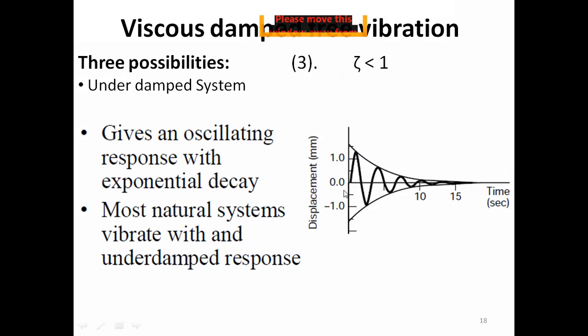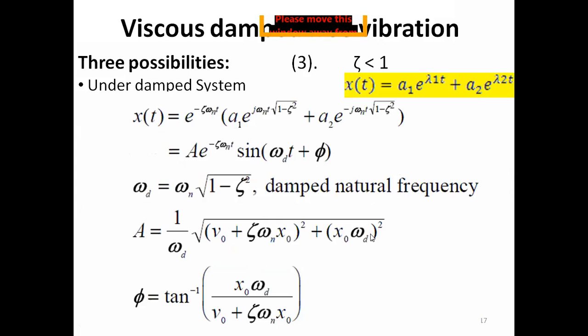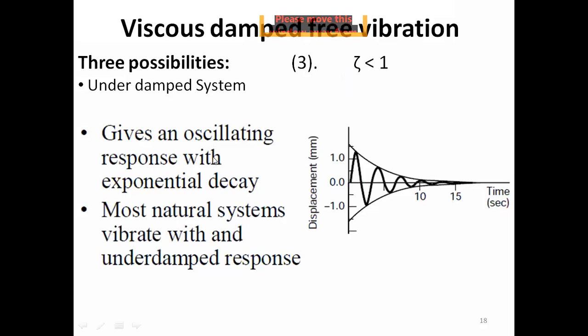Here, if you look, you would see the simulation of the equations. You would see the sinusoidal function, and this is the exponential decaying function. The amplitude would reduce by this exponential decaying function.